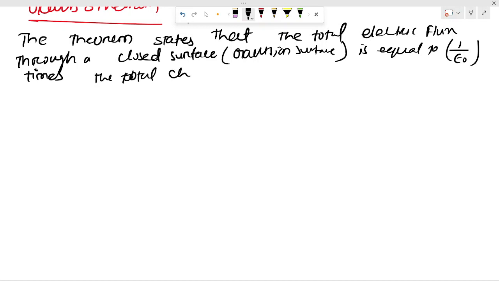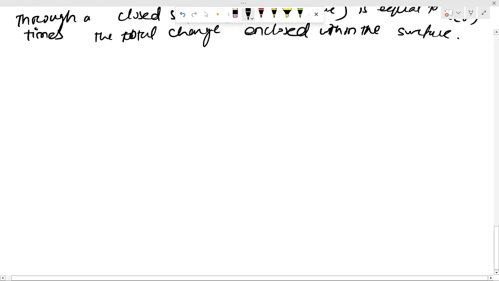Remember, you have to write the total charge. You have to consider the whole amount of charge enclosed within the body. The total charge enclosed within the surface. I think you got clear with my definition.